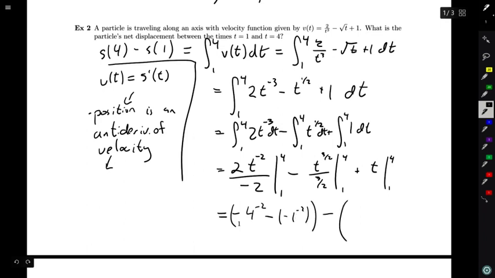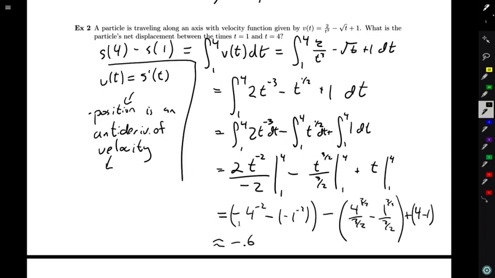Then I want to evaluate at 4, so that looks like 4 to the 3/2 over 3/2, subtract away the function evaluated at 1, 1 to the 3/2 over 3/2. And finally, I want to add t evaluated at 4 minus t evaluated at 1. And if you work through all of these computations in your calculator, you should get around minus 0.6.